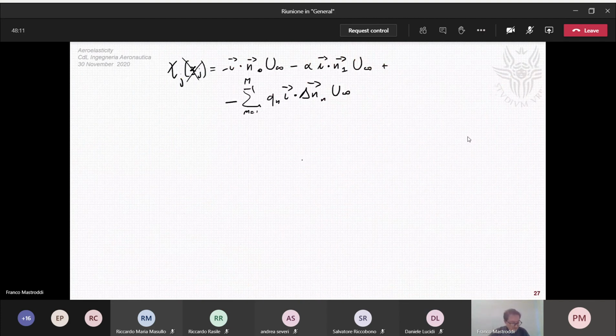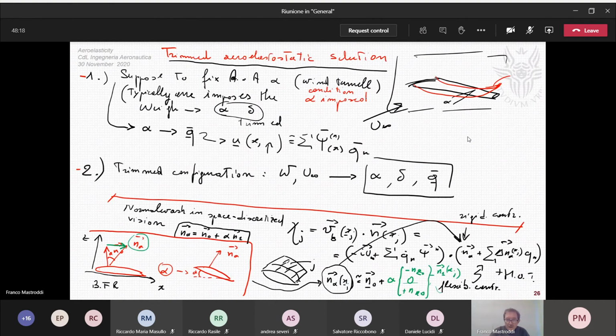Next we have also a term given by the q dot quantity by n alpha, but this term is 0 in steady condition, because in steady condition q dot is 0.